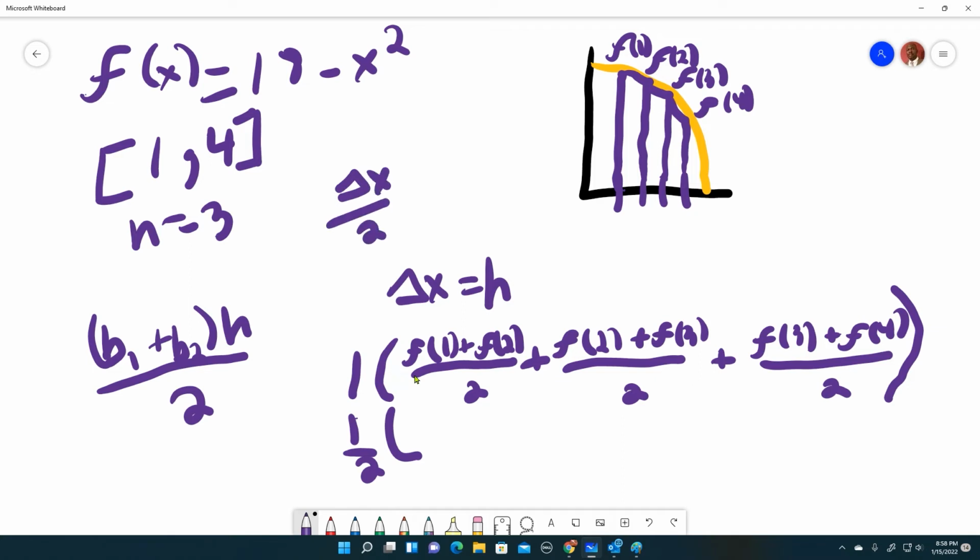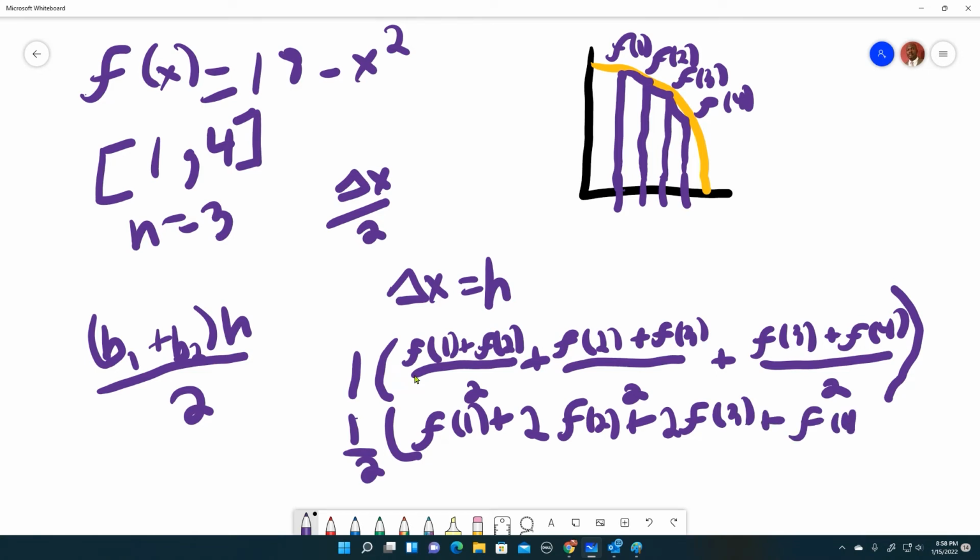But in this case, delta x happens to be 1, so it's 1 over 2. And if you look at what I have left, I have an f of 1 plus, but look, I have an f of 2 and another f of 2. So 2 times f of 2 plus, look, I have f of 3 and another f of 3. So 2 times f of 3. And then plus, there's only one f of 4, so f of 4.